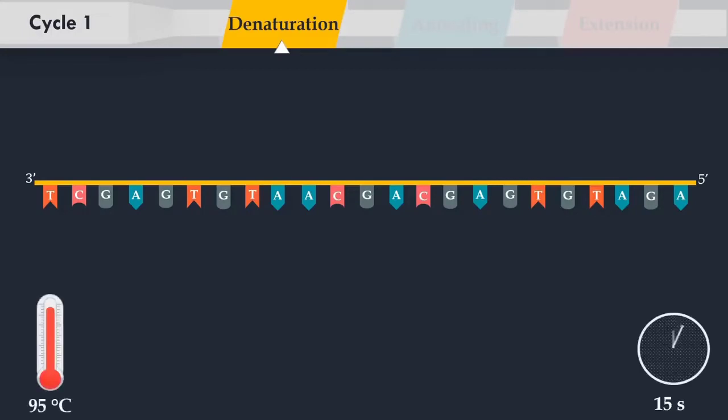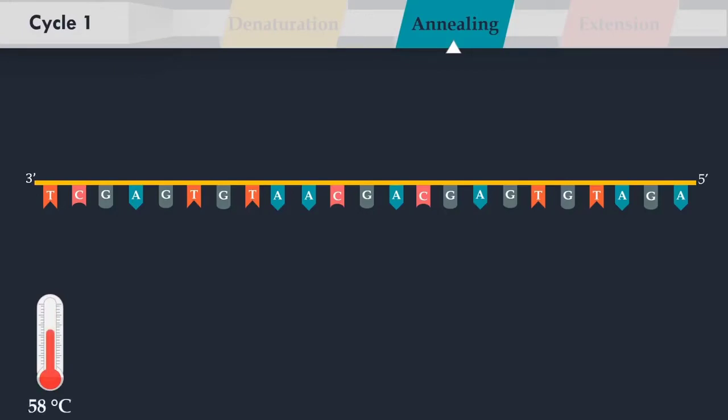Denaturation step consists of heating the reaction chamber to 95 degrees Celsius, and it is used for denaturation of the double-stranded DNA template. In the next step, the reaction temperature is lowered to 58 degrees Celsius, allowing annealing of the forward primer to its complementary part of the single-stranded DNA template. The annealing temperature relies directly on length and composition of the primers.